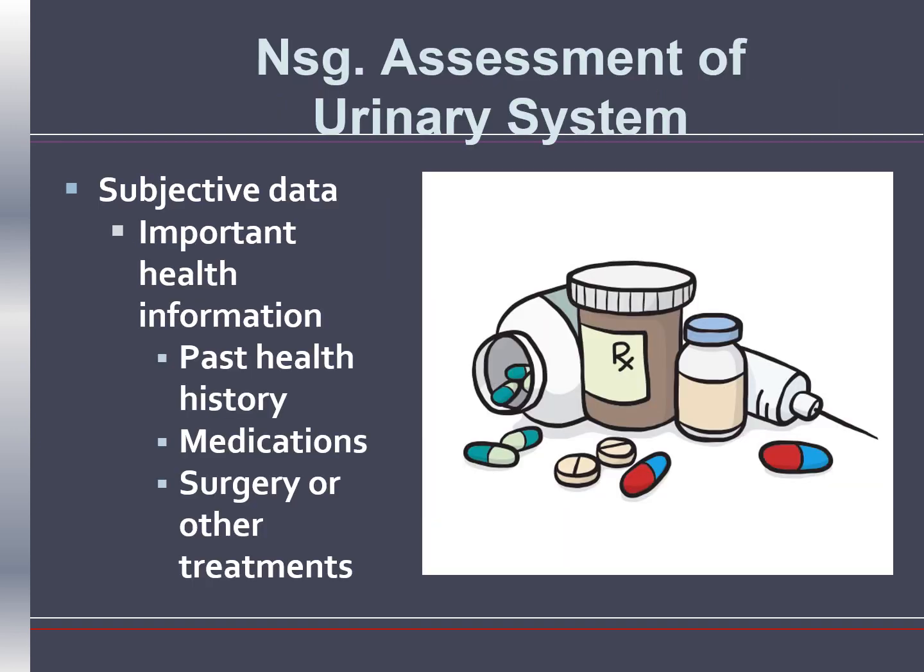So when it comes to the assessment of the urinary system, for the subjective data, it's important to get the important health information. This could include past medical history. Another very important one is medications, because there are medications that can be nephrotoxic to the kidneys. They can alter characteristics of the urine, such as diuretics, or change the color of urine, such as pyridium, which causes urine to be an orange, really dark color.